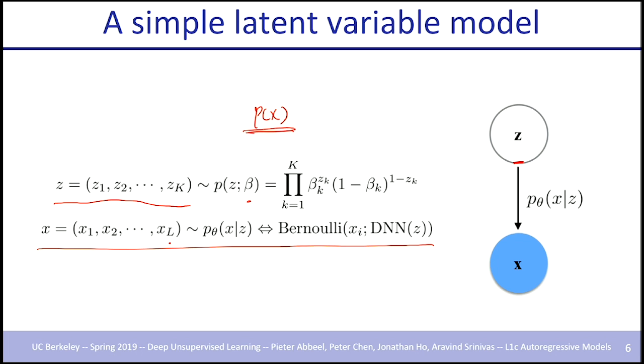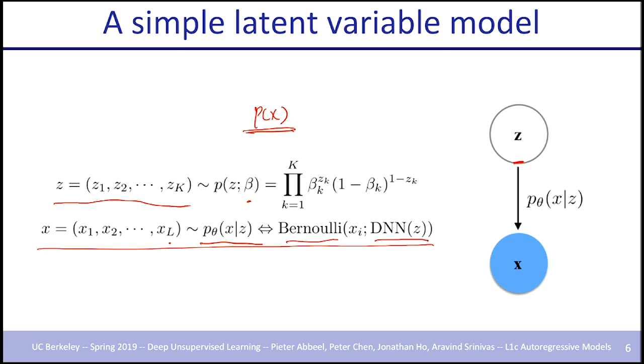What I explicitly define is this quantity: I give you a probability distribution that prescribes X given Z. So now I have sampled a random latent variable, which is a binary string, and this binary string is fed into a deep network, or really any other kind of function approximator. The output of that function approximator is some coefficients that parameterize the Bernoulli distribution of xi, of observation space X.